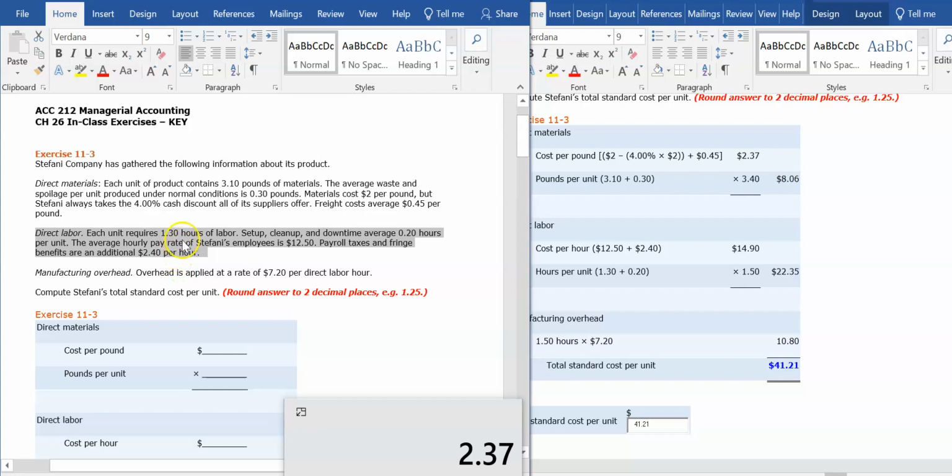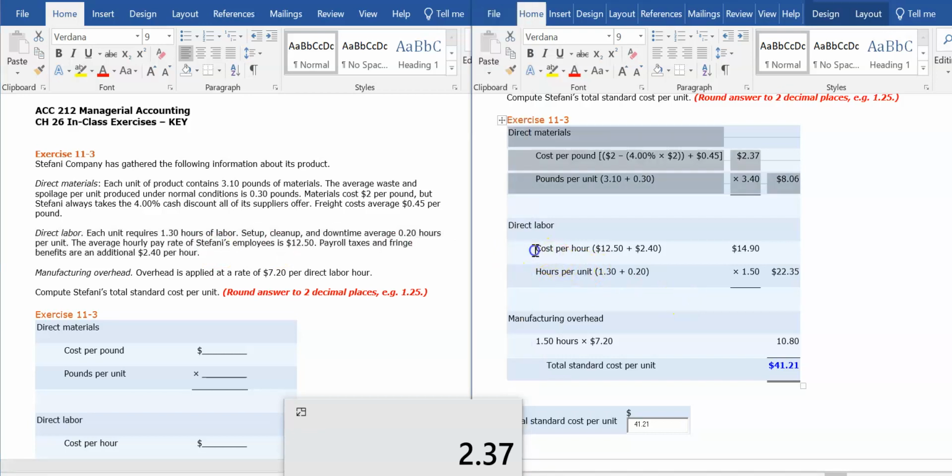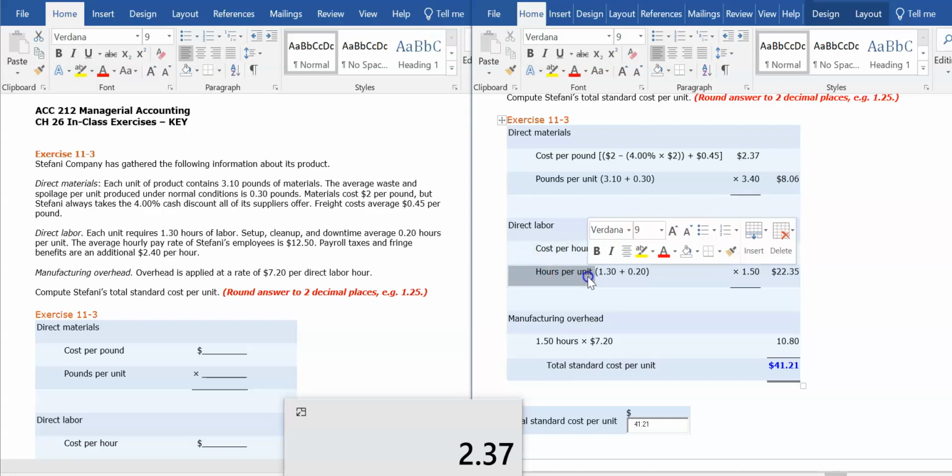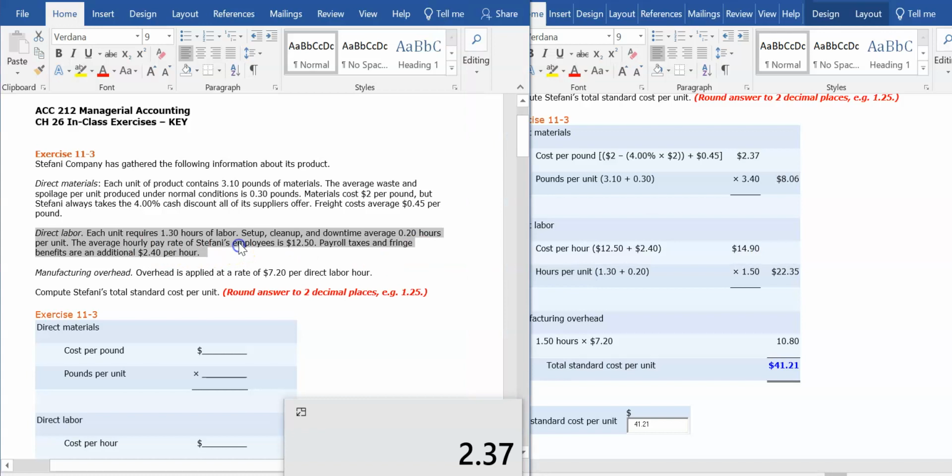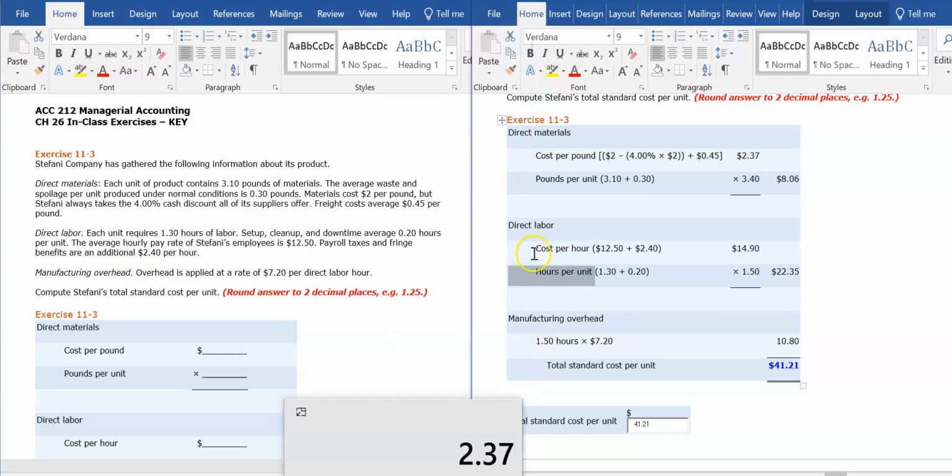In order to come up with the standard cost of labor for each unit produced, again, we're going to look at two aspects: the cost that we pay per labor hour and the number of hours required per unit. The cost per hour is going to be the $12.50 base hourly pay plus the additional $2.40 in benefit costs. The total cost per hour will be $14.90.